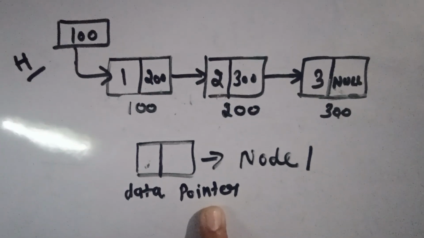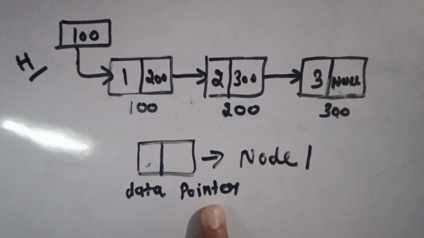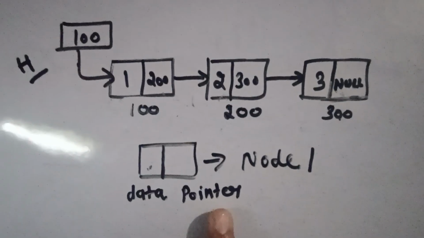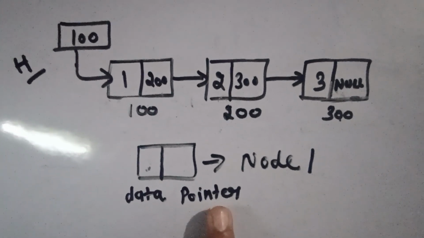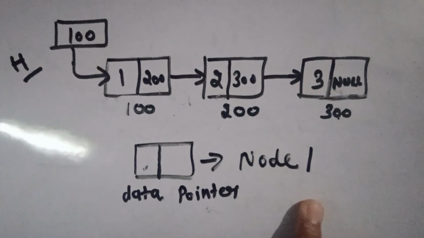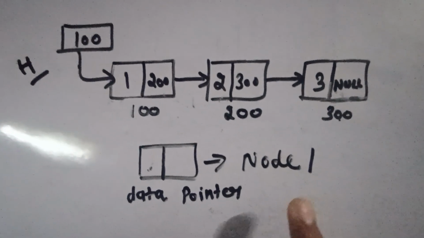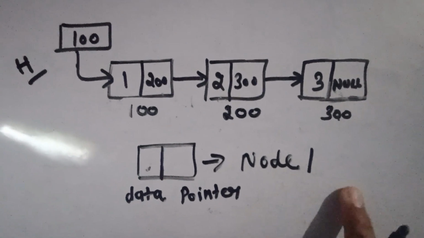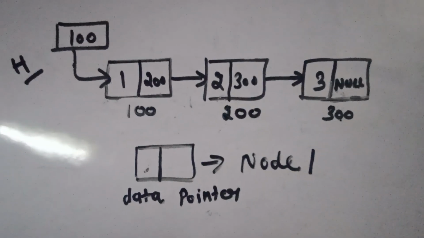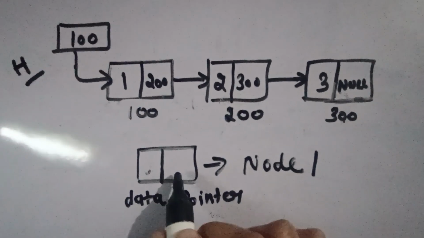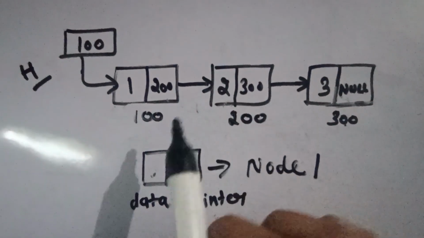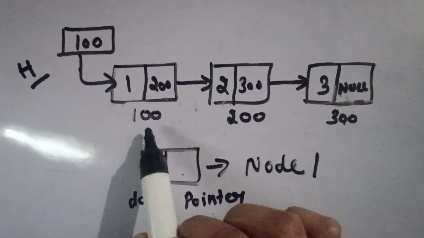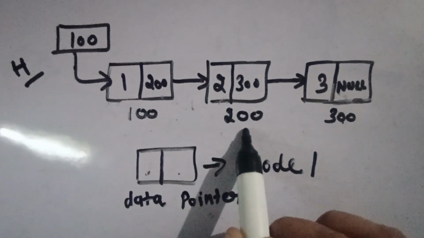But in a linked list, we do not have variables, right? We have nodes. So this pointer will store the address of the next node. Whatever the address of the next node is, that is going to be here. Now for example, see here, this is our node 1 and this is our node 2.